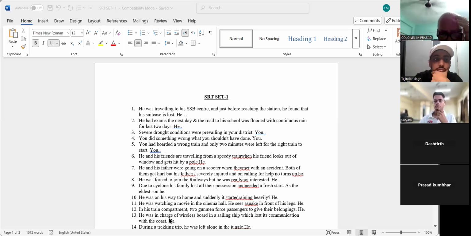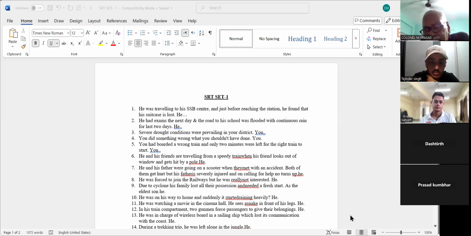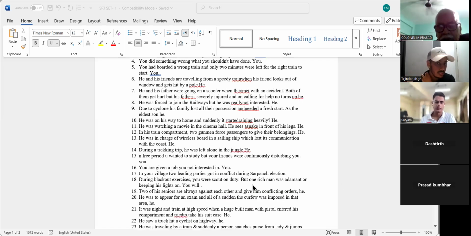He was watching a movie in his train compartment. Two gunmen were forcing passengers to give their belongings. All RPF waited for the right moment, overpowered both with the help of other passengers, and handed them over to the RPF.